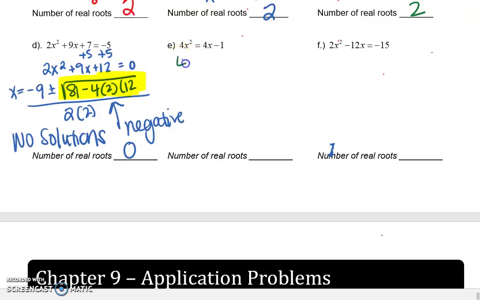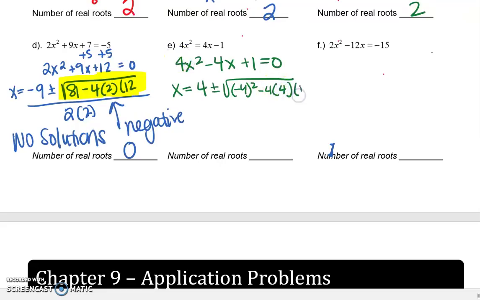Letter E, move both of these things over, so you have 4x squared minus 4x plus 1 is 0. So you have x equals negative b, which is positive 4, plus or minus the square root of negative 4 squared. Make sure that's in parentheses. B squared minus 4 times a times c all over 8, because 2a is 2 times 4, which is 8.